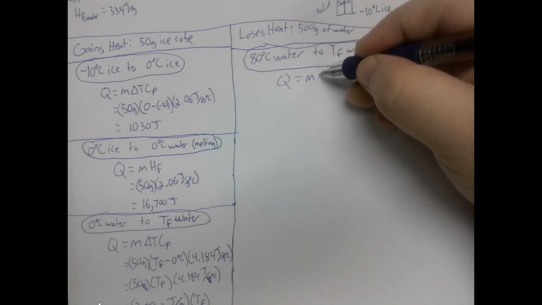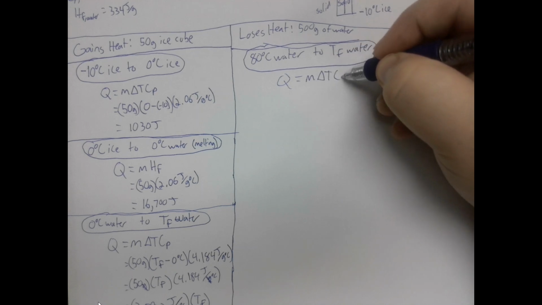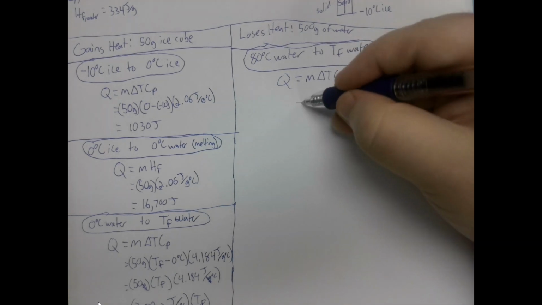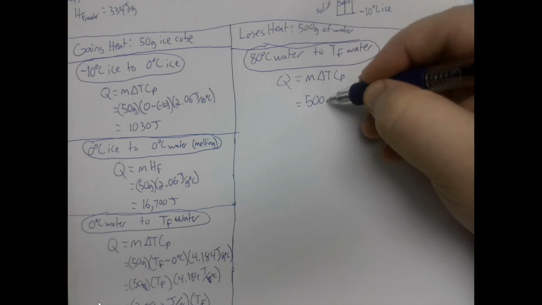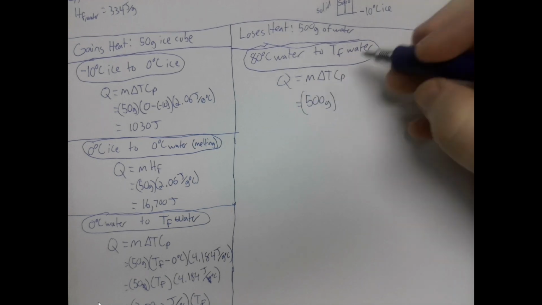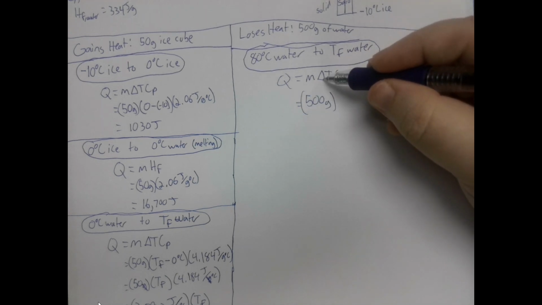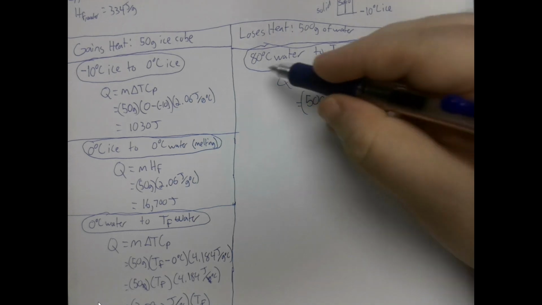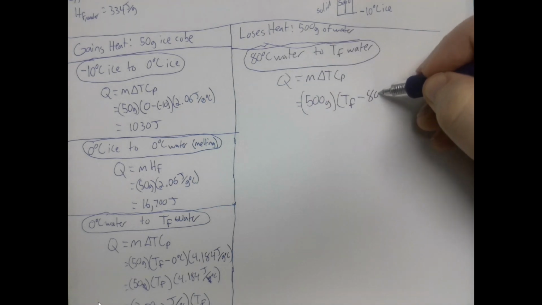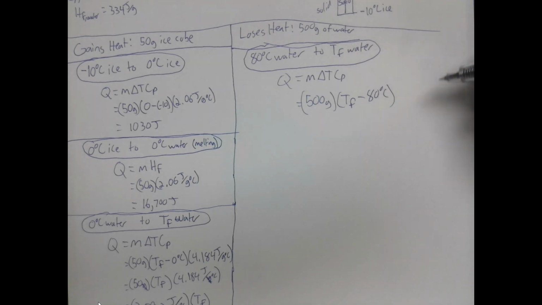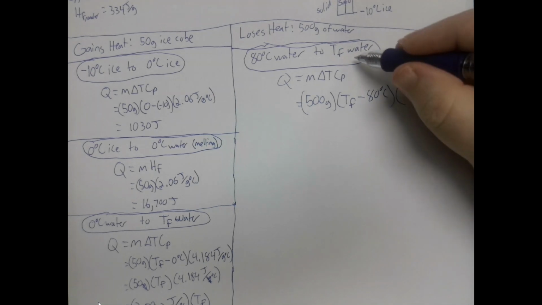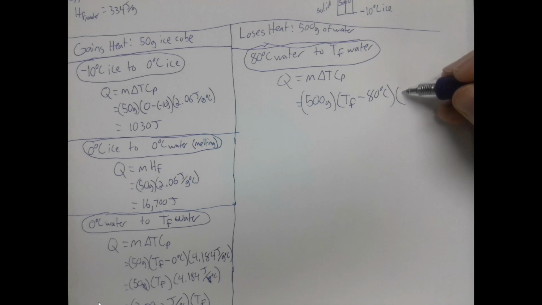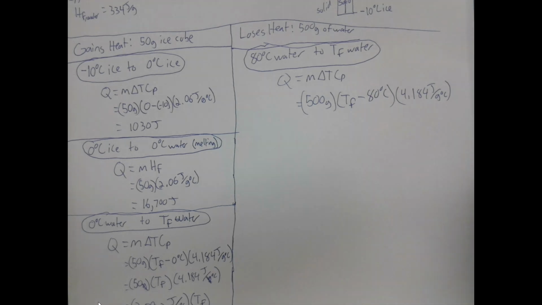This is a change in temperature, so we use the change in temperature heat equation. The mass in this case is 500 grams. Change in temperature is final temperature minus initial temperature, so the initial is 80. And we're in the water phase, so it's 4.184 joules per gram degree Celsius.